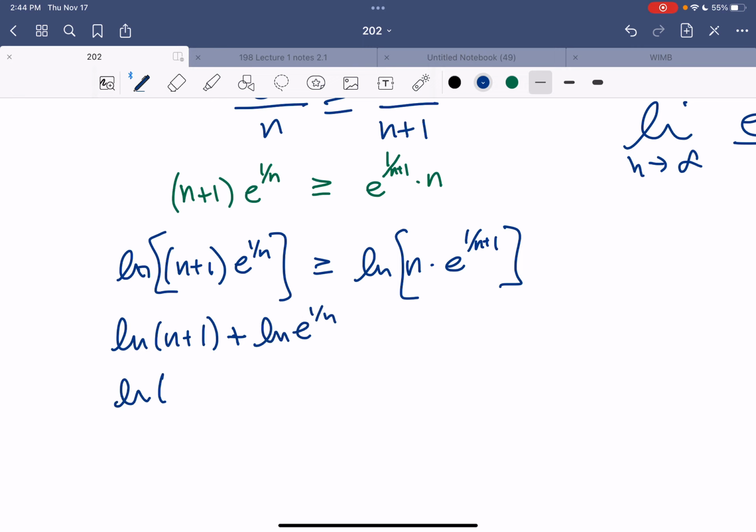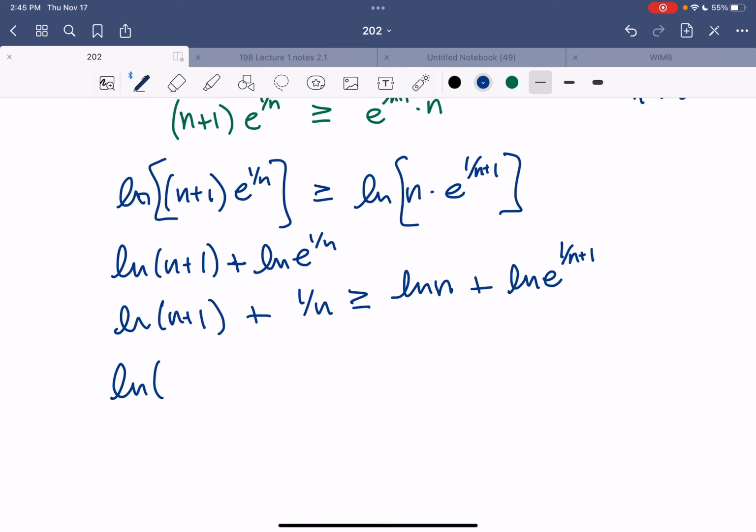So this is the natural log of n plus 1 plus 1 over n. And we're saying that that's bigger than the natural log of n plus the natural log of e to the 1 over n plus 1. And we get the natural log of n plus 1 over n, greater than or equal to the natural log of n plus, again, the ln and e cancel out, and we get 1 over n plus 1.